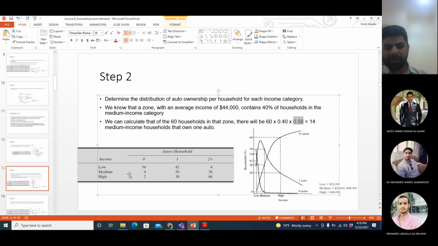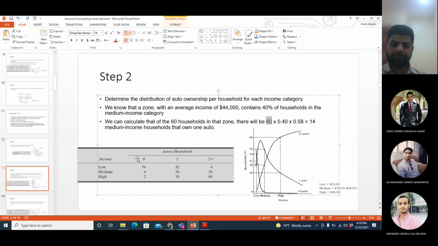Out of the medium income category, 4% have no cars, 58% have 1 car, and 38% have 2 cars. If you multiply this percentage with the percentage of households of that income category in the area, and multiply with the total number of households, you will get the number of households belonging to each cell in this matrix.